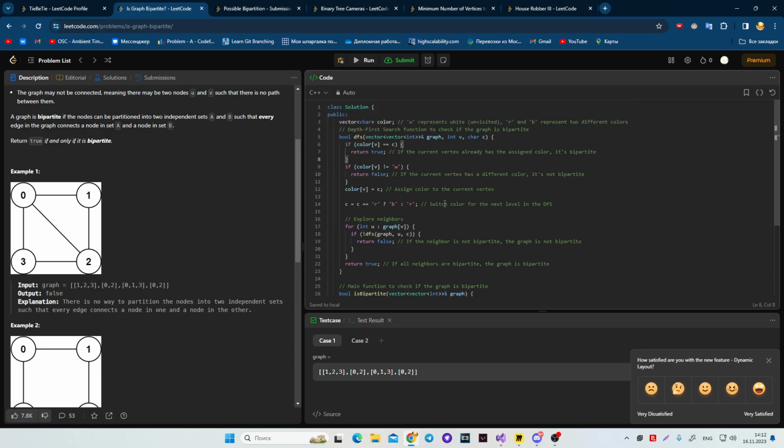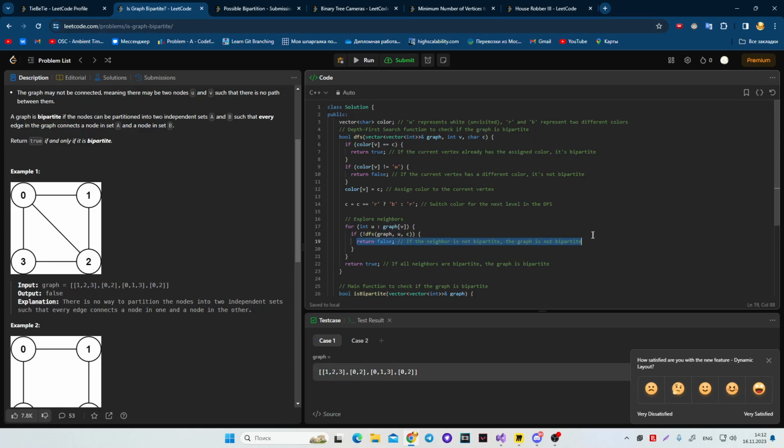We can read the comments; I think it is easy to understand what we will do. Once again, we consider what we do in DFS when we enter our vertex, and what we do when we go out from this vertex.